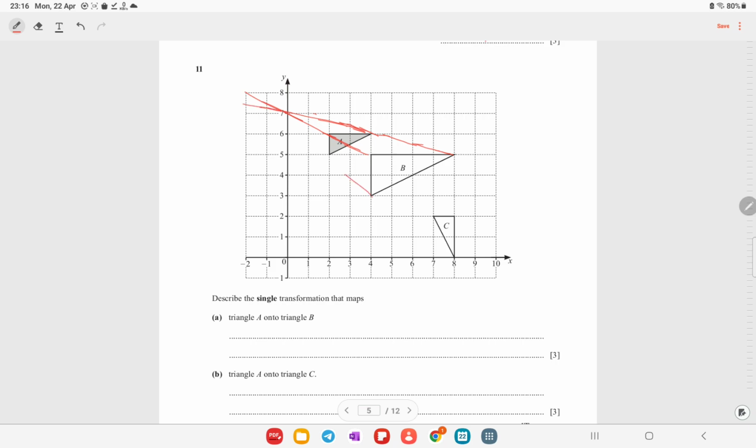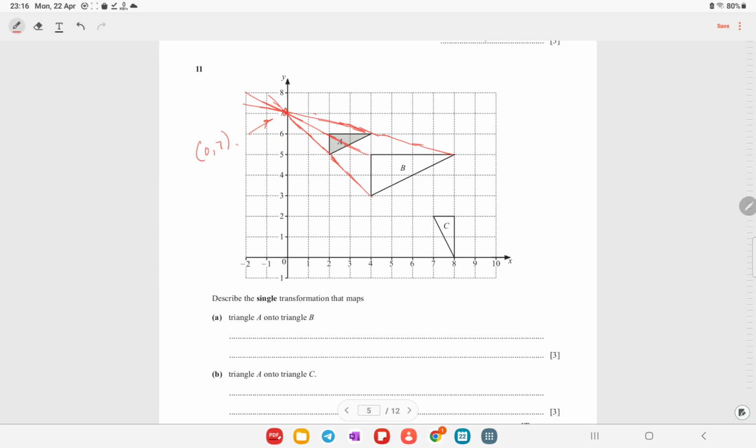Let me redraw it. So these lines are going to pass through a point, and this point is basically (0, 7).